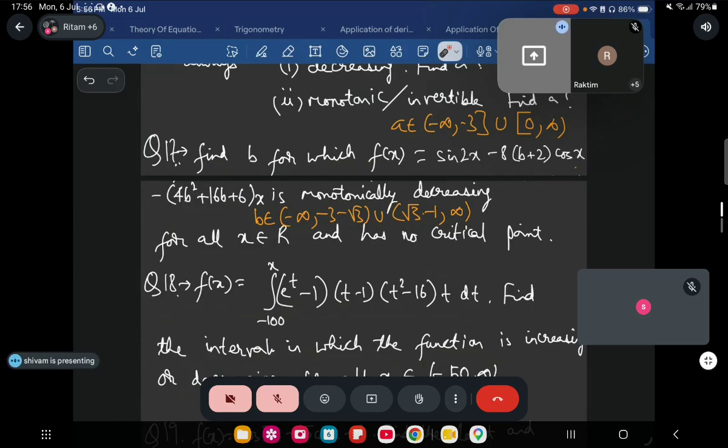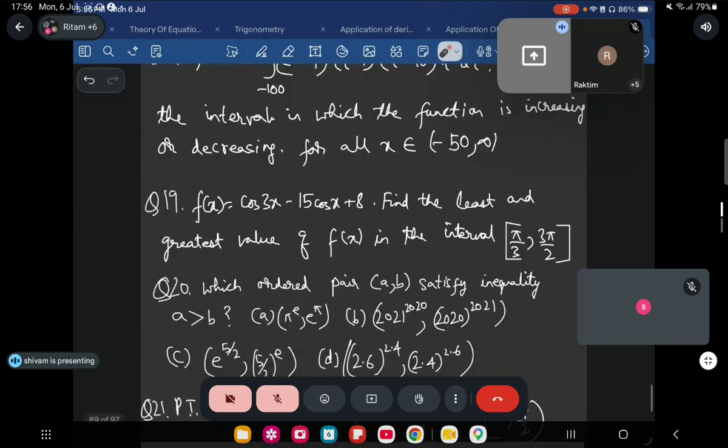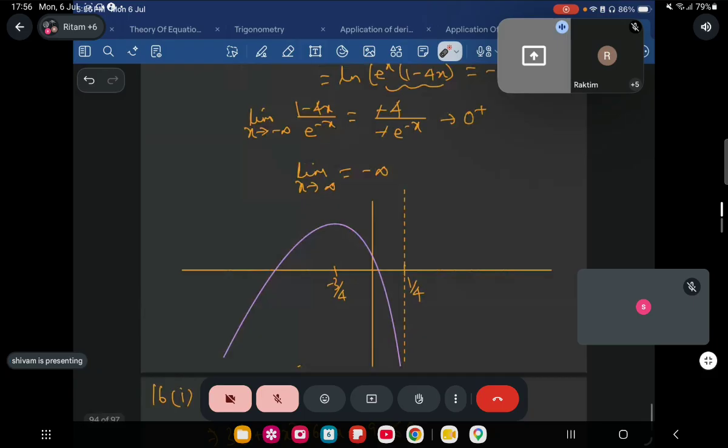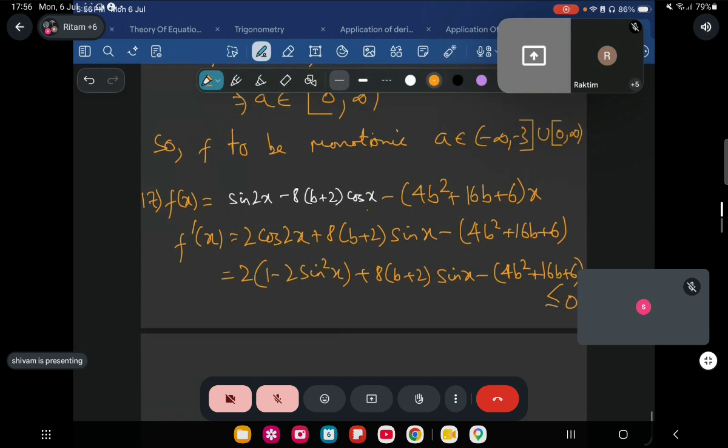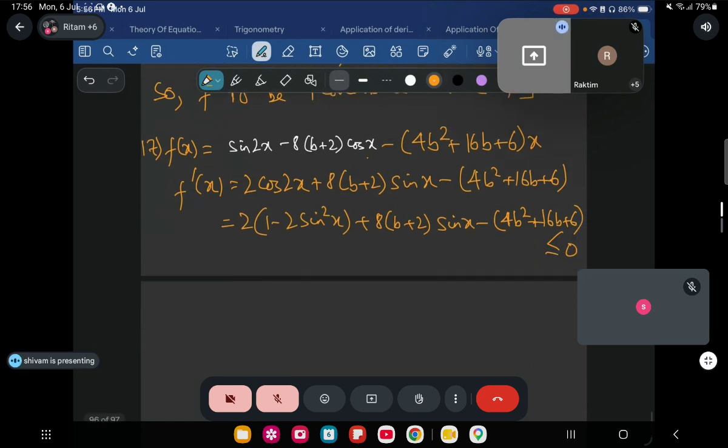So let us start. Okay, over here we need to prove f dash x less than or equal to 0, monotonically decreasing. So for f dash x less than or equal to 0, we need to first of all make it a perfect square. Okay, dividing by 2.